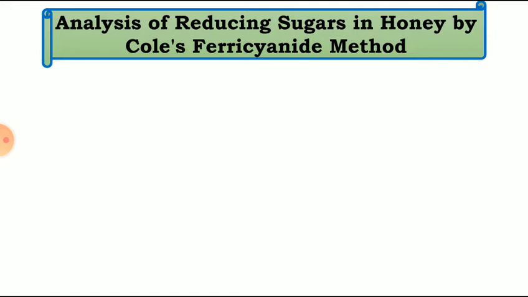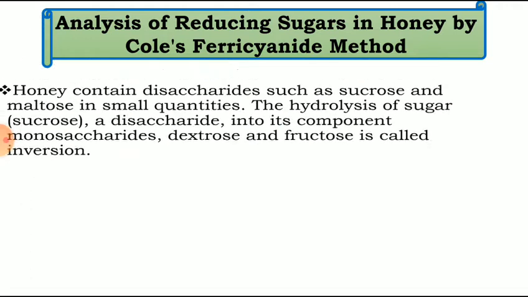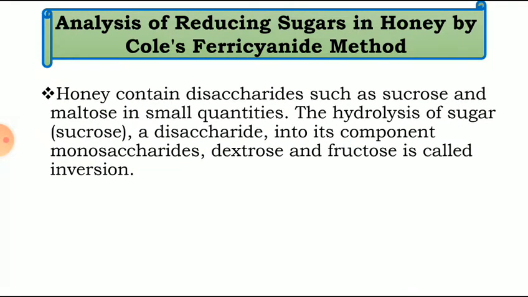Before going to this ferricyanide method, we will see some basic concepts regarding reducing sugars. Honey contains disaccharides such as sucrose and maltose, in small quantities.